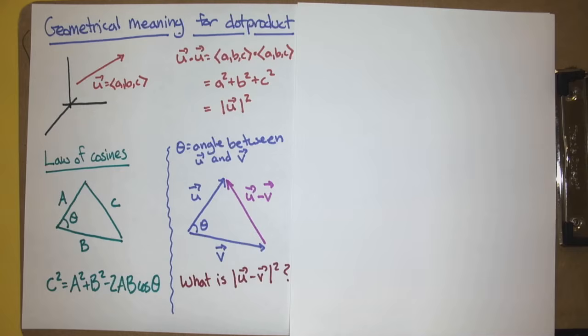A squared plus b squared plus c squared. That's not so bad. We've seen that before. It looks a lot like magnitude. Only thing missing is there's no square root. So we say, okay, well that means it's the magnitude squared. All right, so that's something. Not yet enough, but something. All right, so we have a toehold.